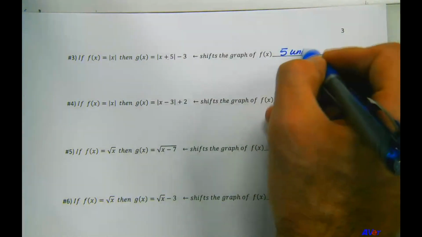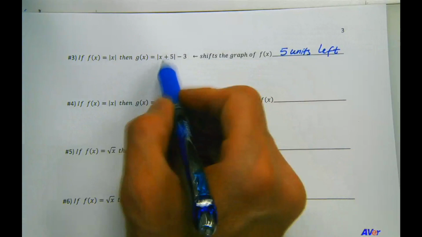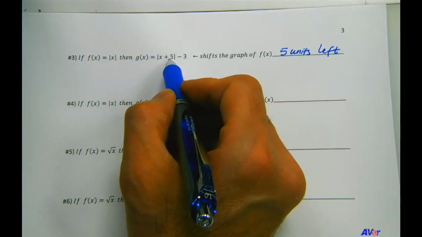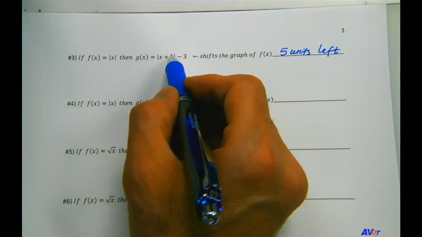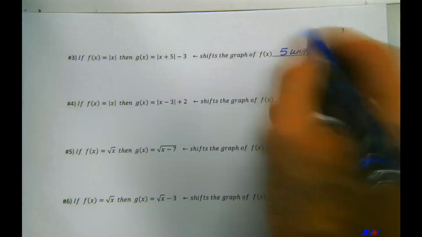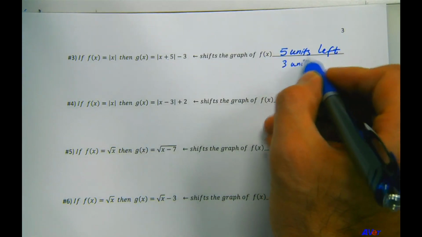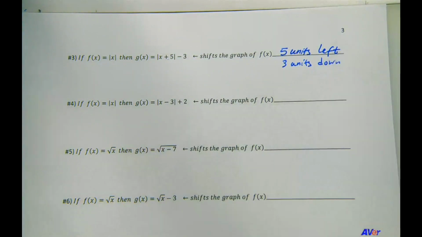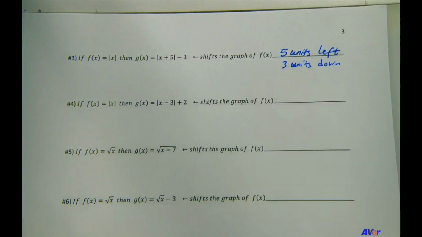So 5 units left, right? Because the general form is x minus k. So if you have plus 5, that means k must have been negative 5, which is movement to the left, 5 units. And then 3 units down, right? Because it's negative. 3 units down. Okay, so let's look at these on the computer.